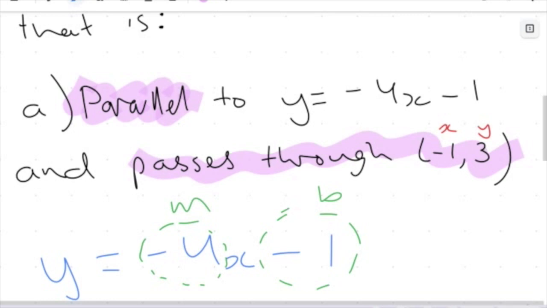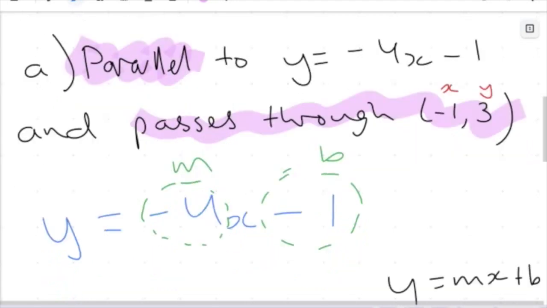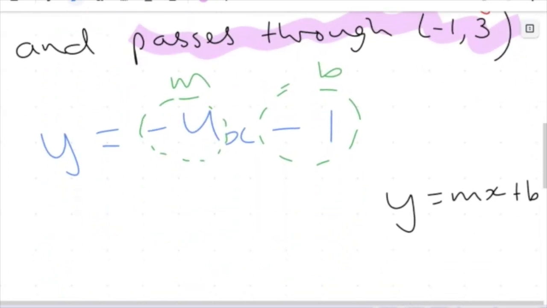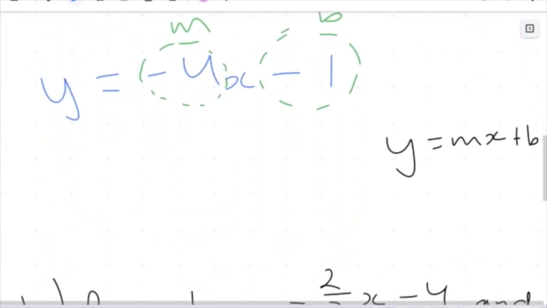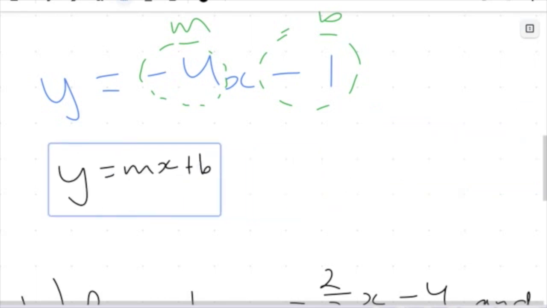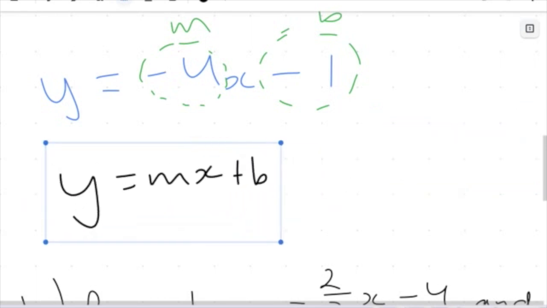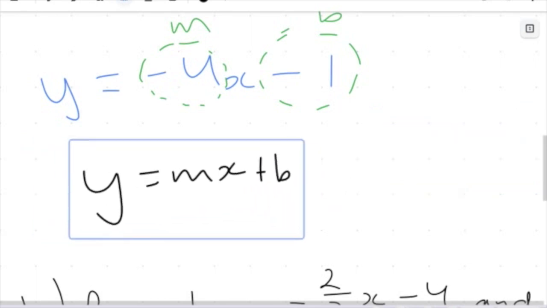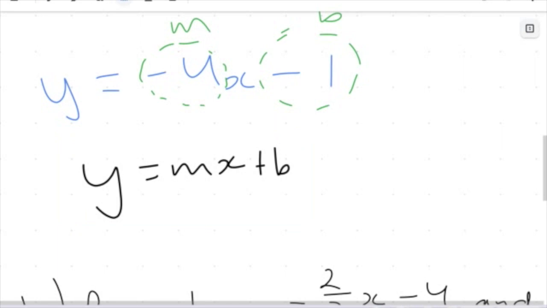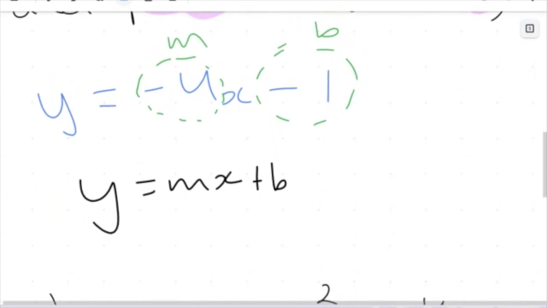So we want to identify the important parts here. We know that this line is parallel. My new line is going to be parallel to this one. So my new line is going to have an equation, some equation of y equals mx plus b, but we know that its gradient is equal to this line that I've written here.